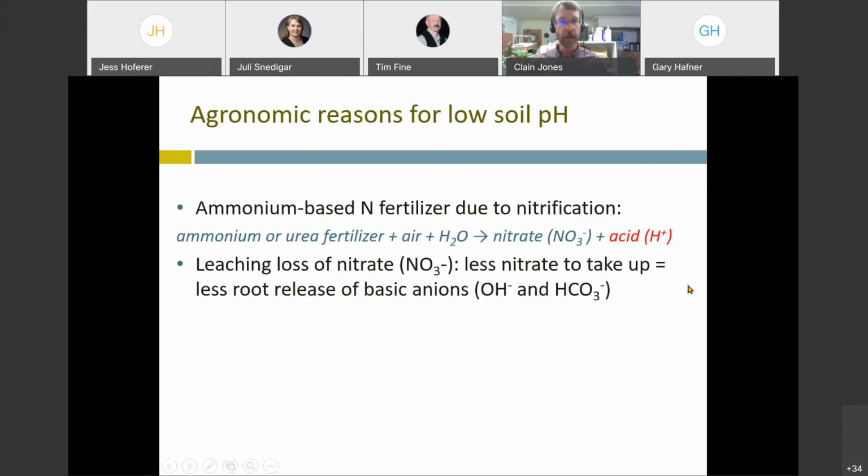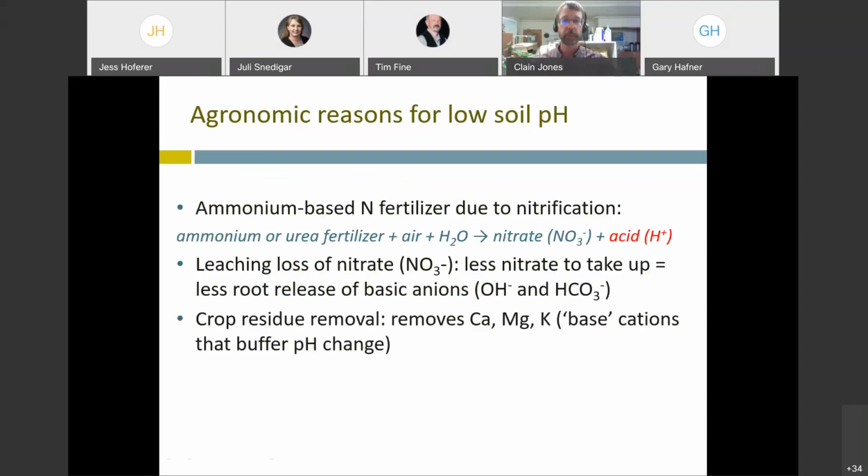Another thing that can make this problem worse is the leaching loss of nitrate. If there's less nitrate uptake, nitrate is an anion, so it has a negative charge. That means that there will be less root release of what's called basic anions, so hydroxide or bicarbonate, that end up buffering or raising the pH.